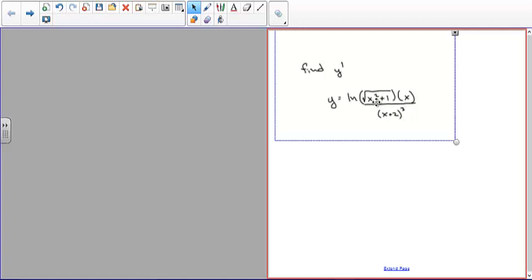And then you can change this to the half power and pull that outside the logarithm, as well as this term where you have the cubed. You can pull the 3 outside of the logarithm, and then you can just use the chain rule to find the derivatives.